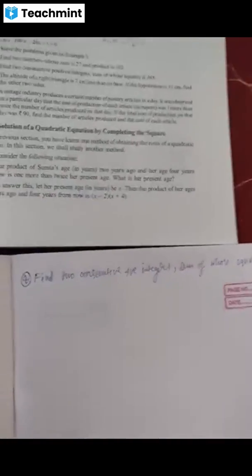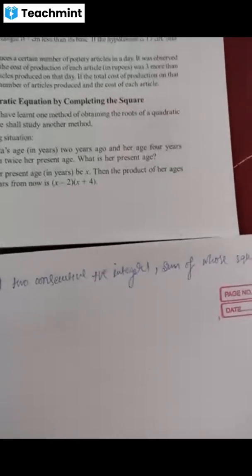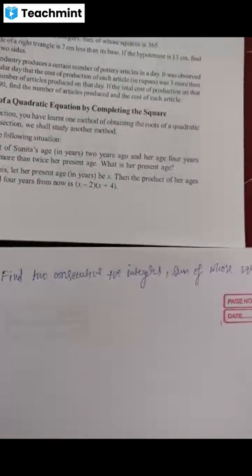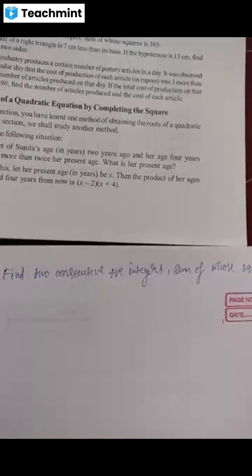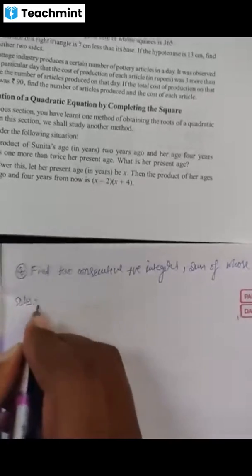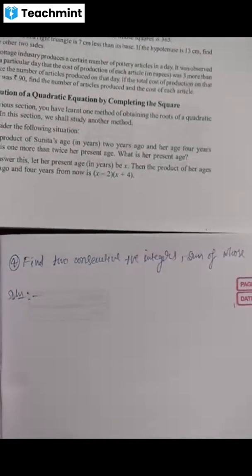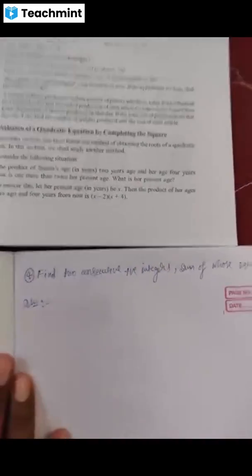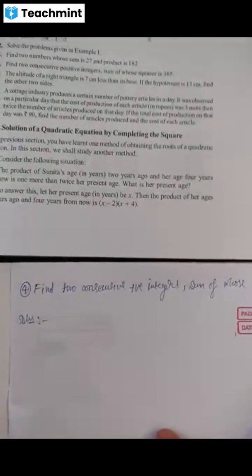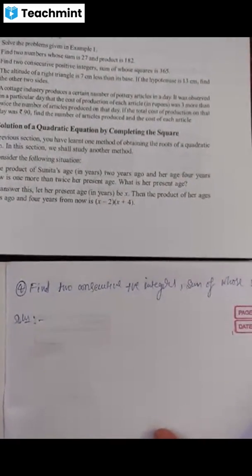So if you take any two consecutive numbers in general, what is the difference between the two consecutive integers? 1, sir. Very good, 1. So the difference between any two consecutive integers is 1. So 10 minus 9 is 1, 11 minus 10 is 1, and so on.